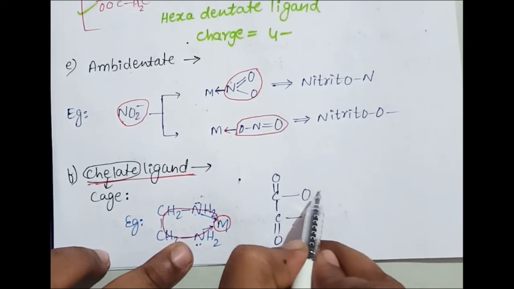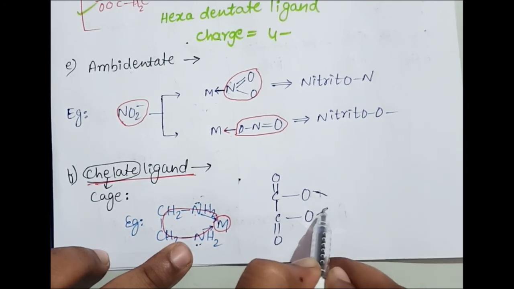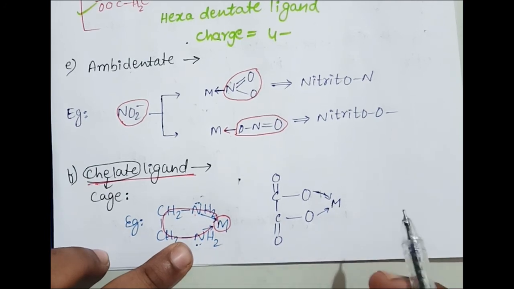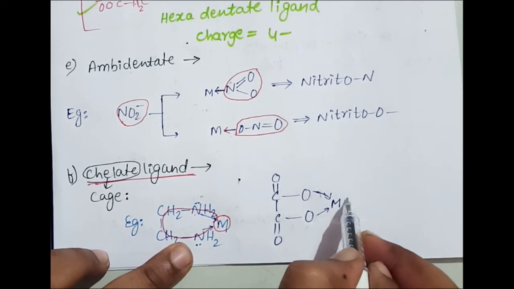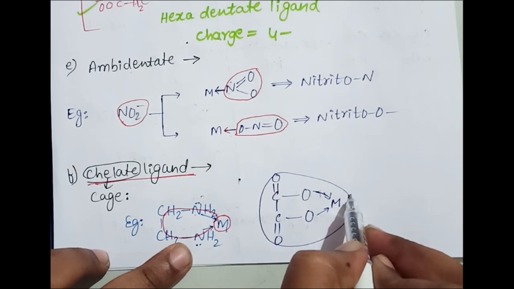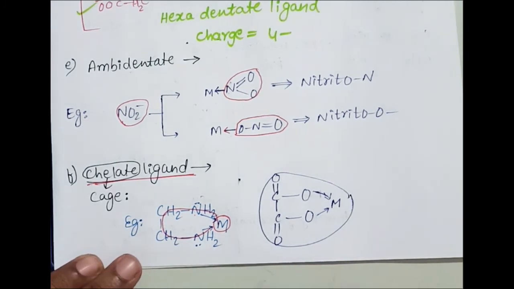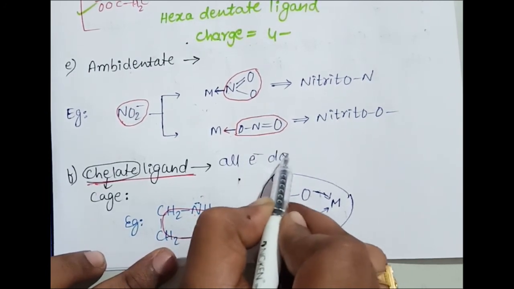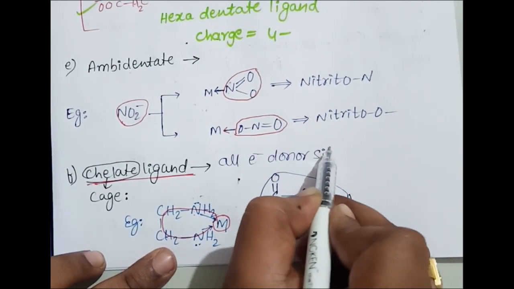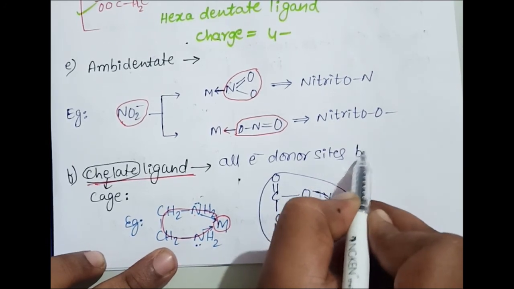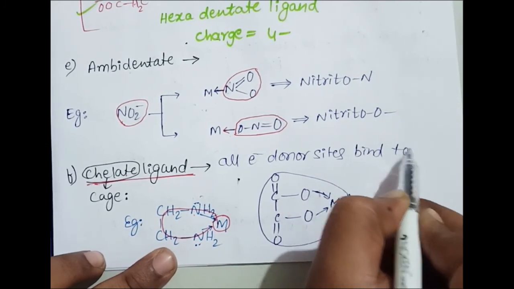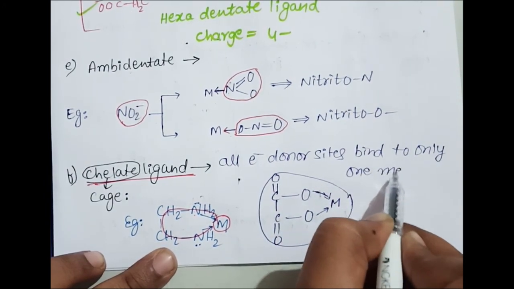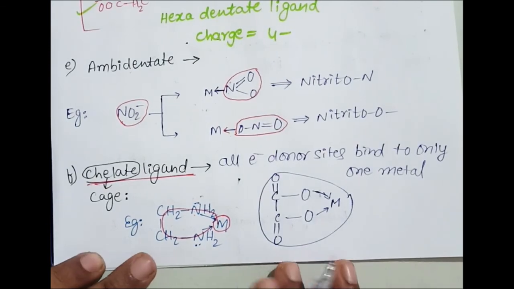If this oxygen and this oxygen are both donating electrons to the same metal, then it is forming a cage-like structure, and that ligand is called as chelate ligand. So here all electron donor sites bind to only one metal to give a cage-like structure, that is called as chelate ligand.